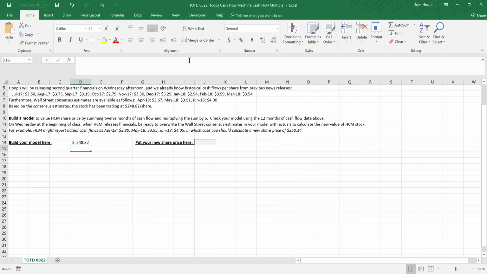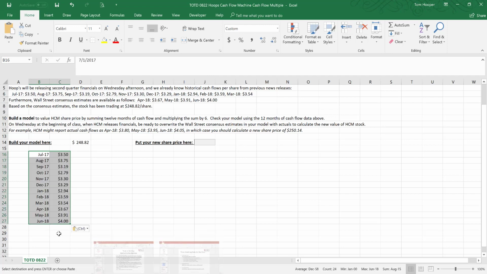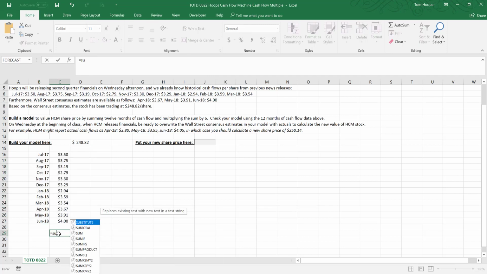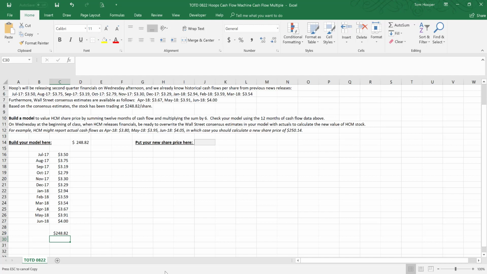So what most of you did was to build a table based on months and cash flows. You were then able to sum up the cash flows and of course multiply by 6 to get the share price. Yet others of you noticed that the formula included the cash flow multiple as a number, and perhaps you thought that that's something that I might try to trick you and change during the earnings release.